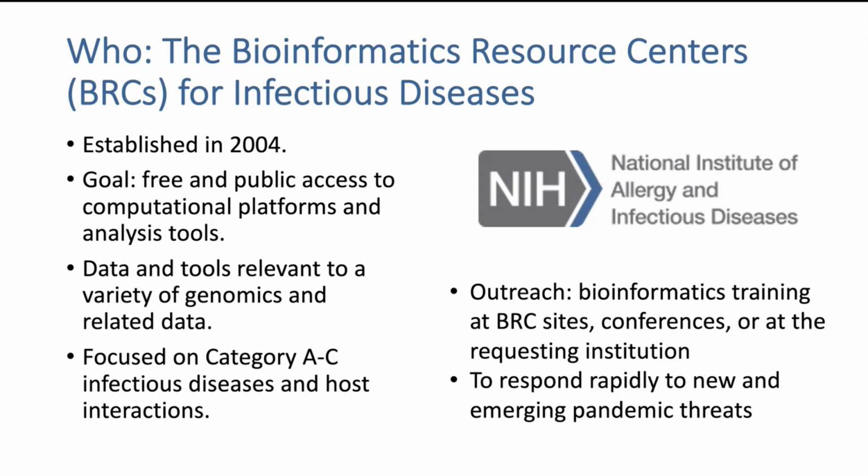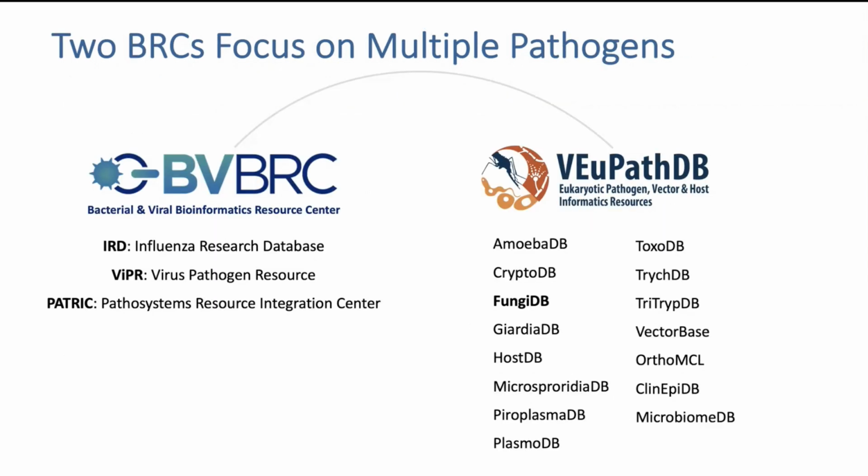There are two BRCs. One of them focuses on bacterial and viral bioinformatics, and that combines what used to be the Influenza Research Database, the Virus Pathogen Resource, and PATRIC, which is a database that focused on bacteria. We're now all combined into the BV-BRC. VEuPathDB, on the other hand, focuses on eukaryotic pathogens and hosts and vectors.